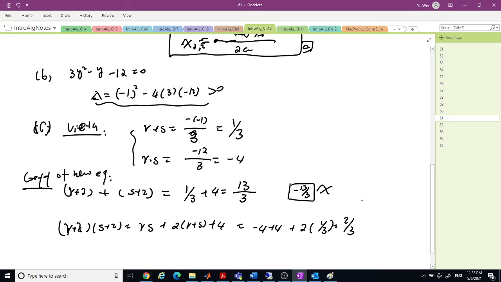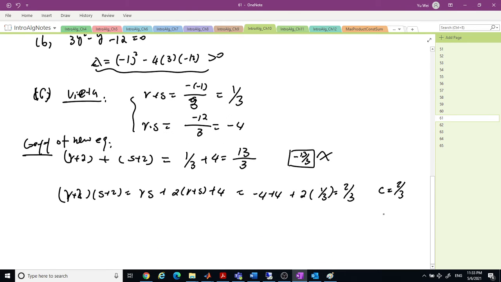So the constant is 2 over 3. Therefore the equation is x squared minus 13 over 3 x plus 2 over 3 equals 0.